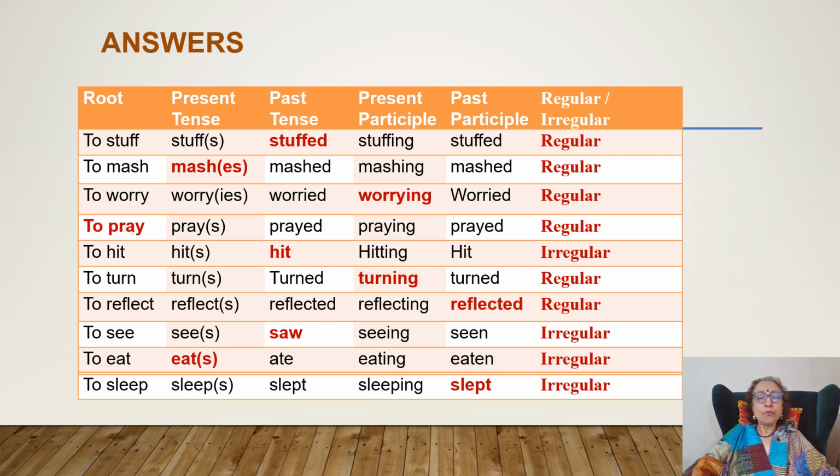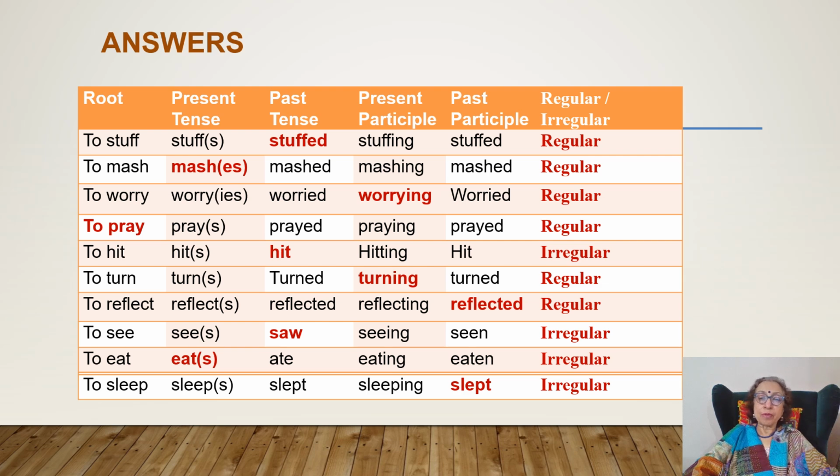Then in to worry, we had present participle missing, and that is worrying. Since worried and worried, both the past tense and past participle, are forms with an ed ending, and y at the end of the word usually changes spelling to i. We will do a video on spelling rules.